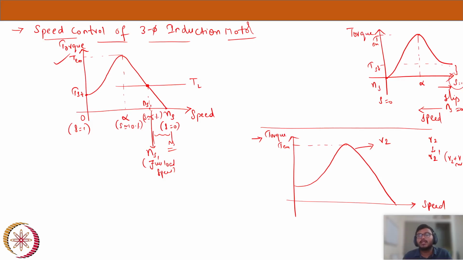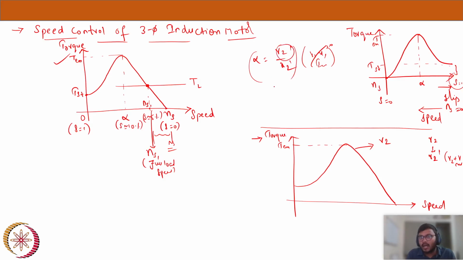My maximum torque is independent of R2, but the slip at which the maximum torque occurs, alpha, is equal to R2 by X2, if we neglect the stator impedances R1 and X1.